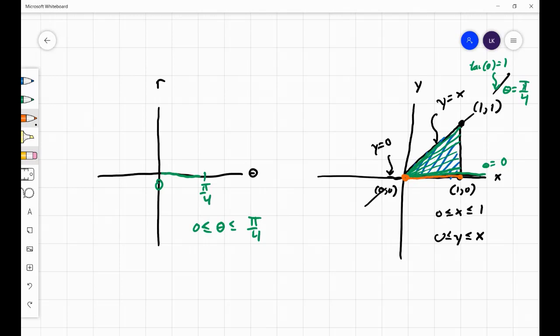Then you increase theta and you start at the origin and you go out again. So I'm covering this region in this radial, polar fashion. So r actually varies. At the origin, r is 0, and as we move along the line, we reach some maximum value of r.